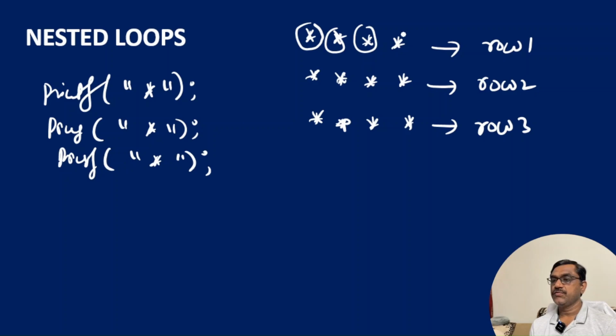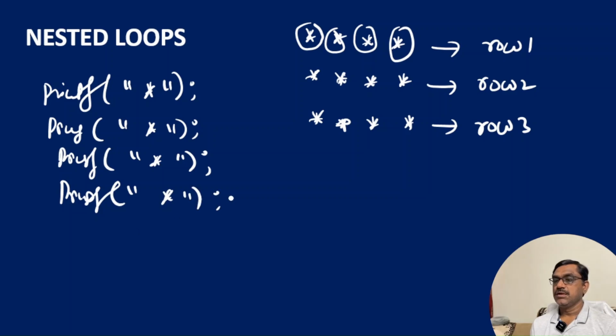If you want to print the fourth star, we write printf star. It prints 4 stars. How many printf statements are we using? 4 printf statements. Writing the same printf statement 4 times is somewhat meaningless. It is meaningful, but this is not good programming practice.